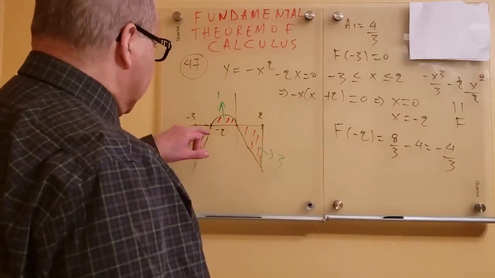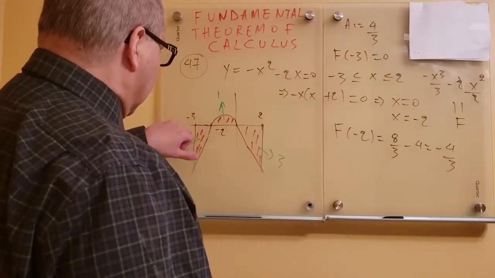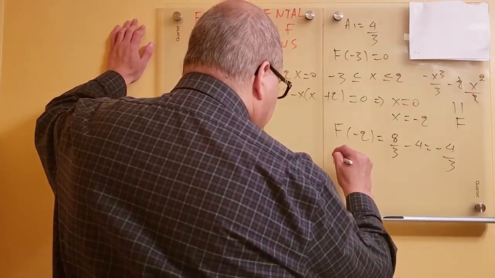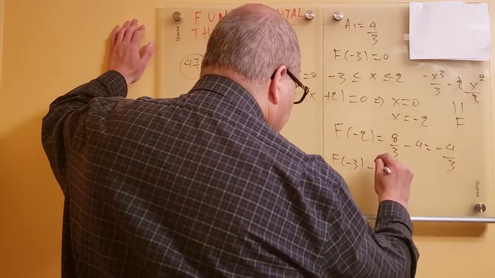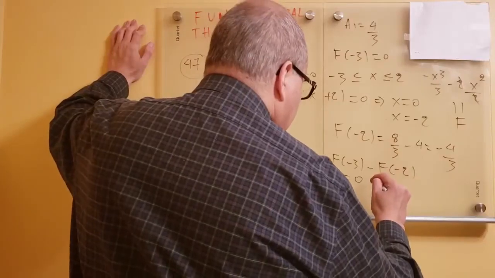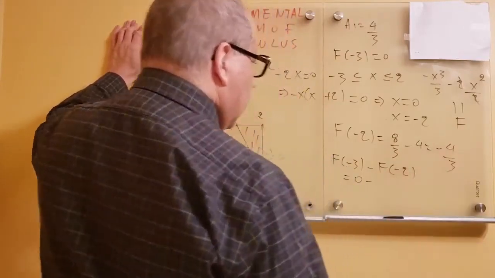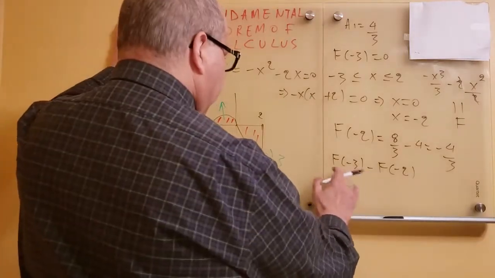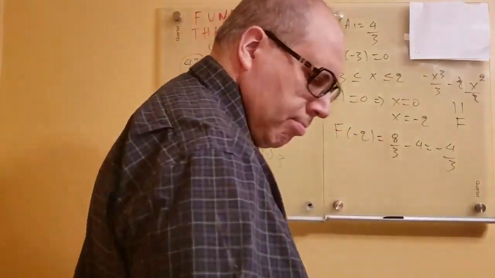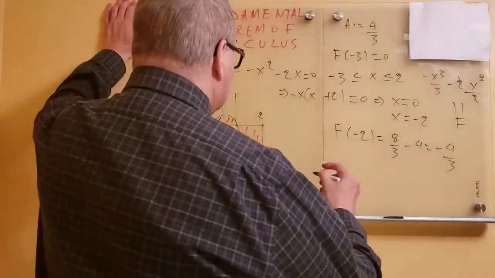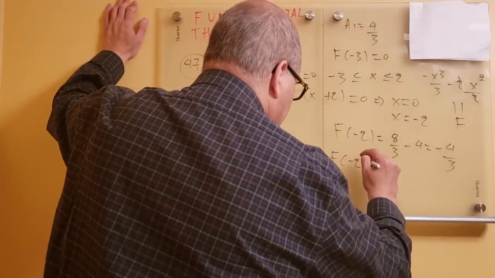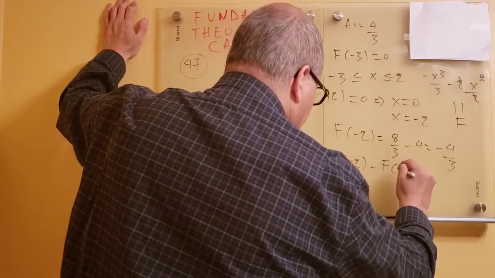Okay, so now if you want to calculate this part here, it should be F of -2 minus F of -3.